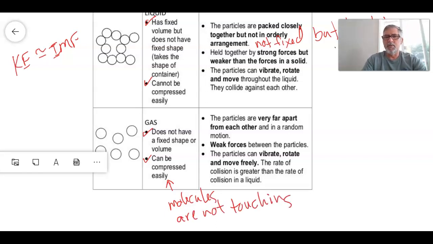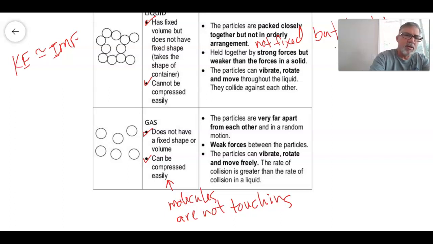Particles are very far apart from each other. There are weak forces, and the particles can vibrate, rotate, and move. So we can say that here the kinetic energy is greater than the intermolecular forces.